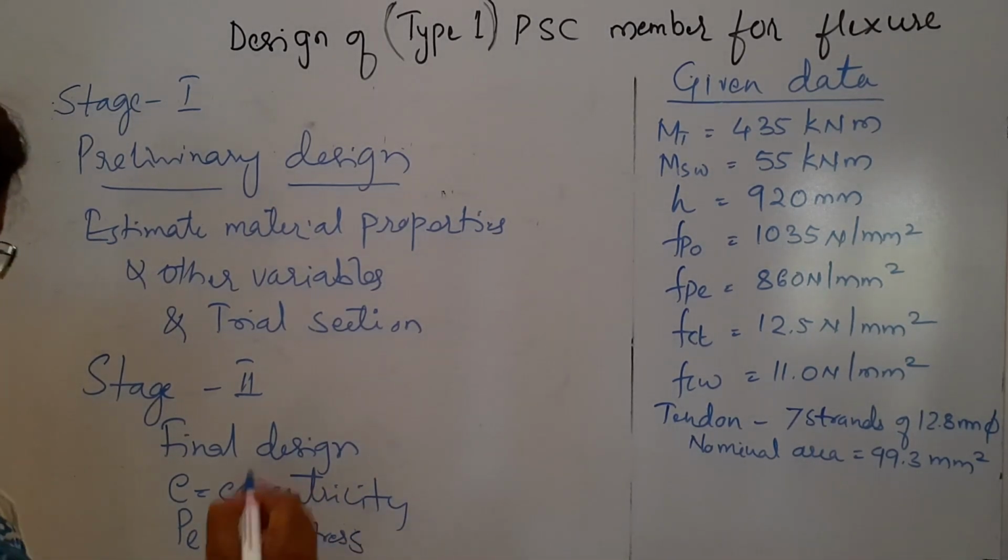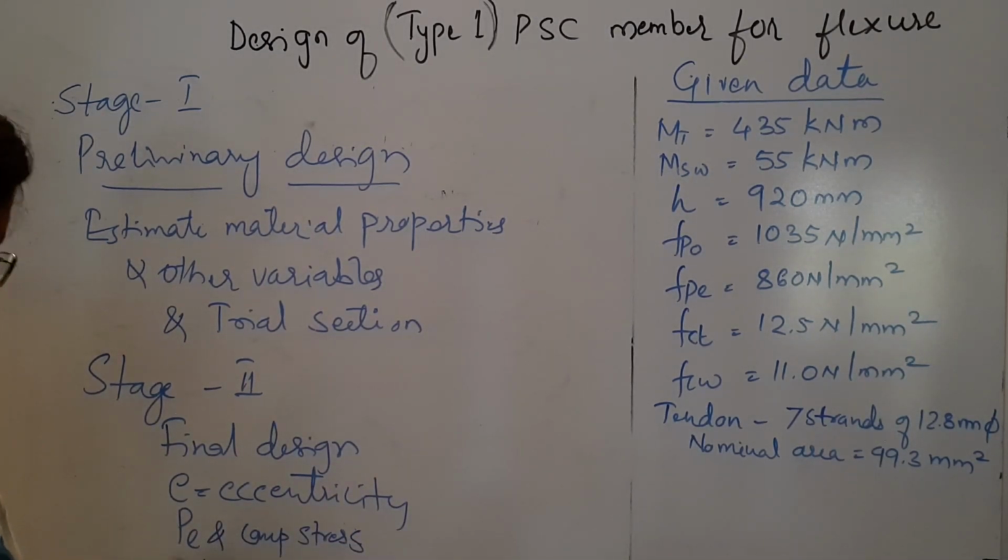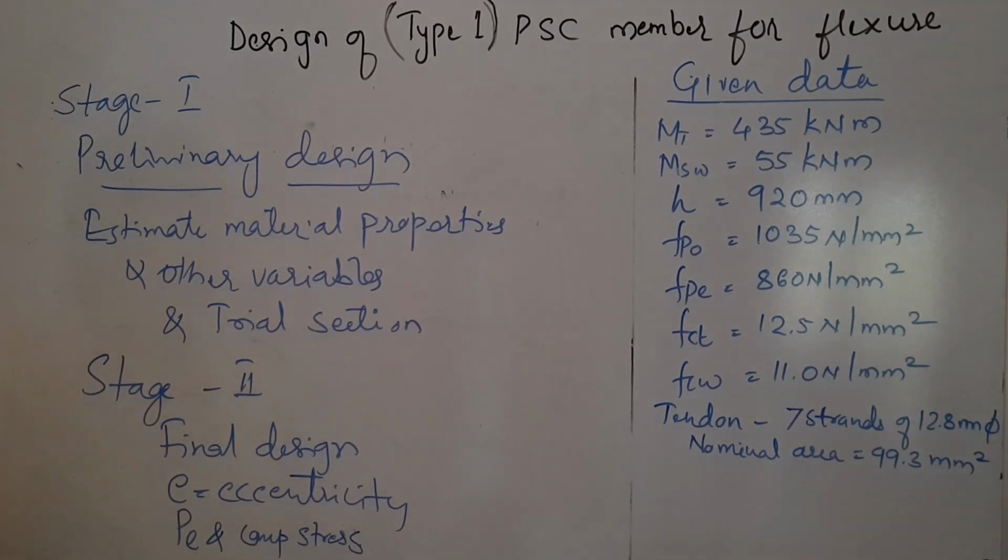We have to check these, and also the section area. The area provided should be more than the calculated value, then it will be satisfied. Otherwise you have to redesign the section.